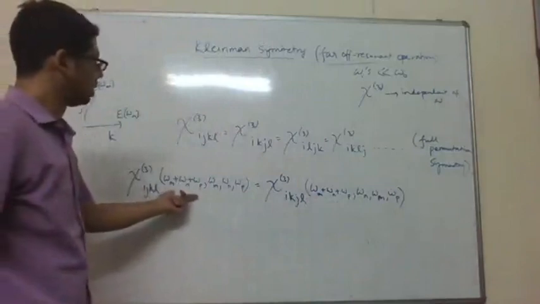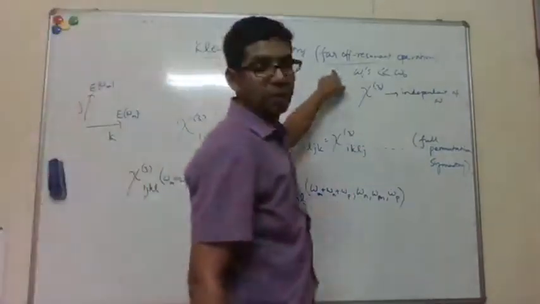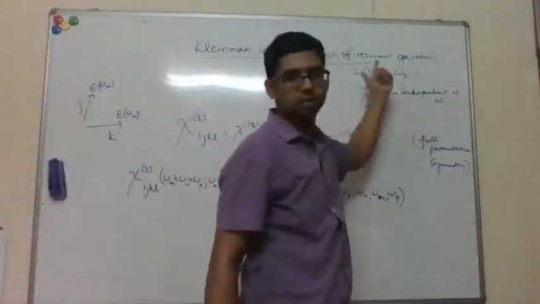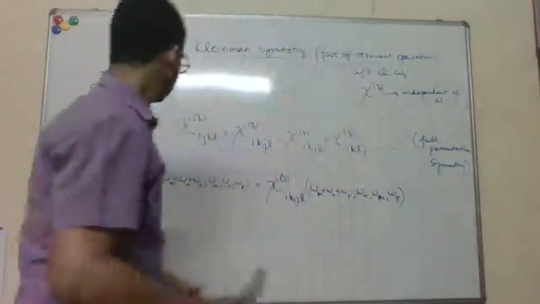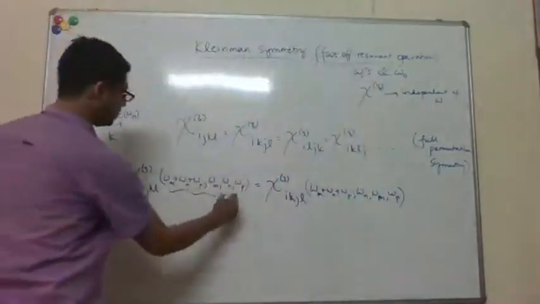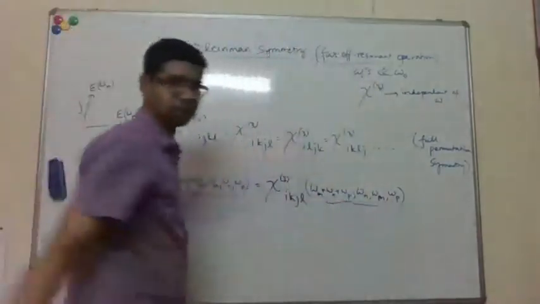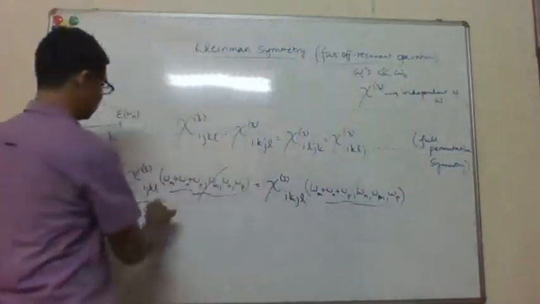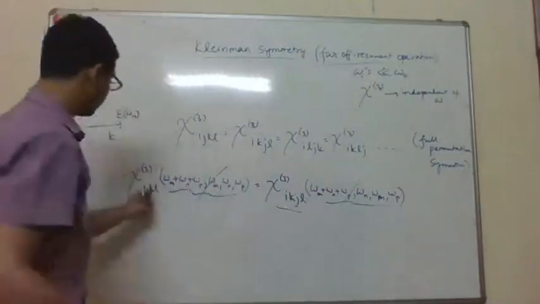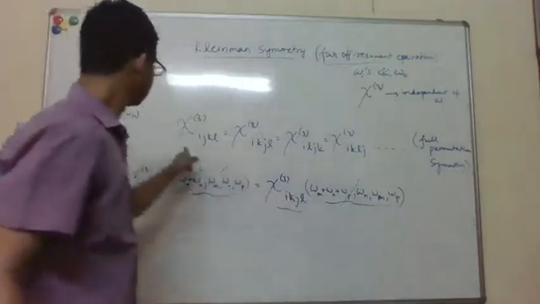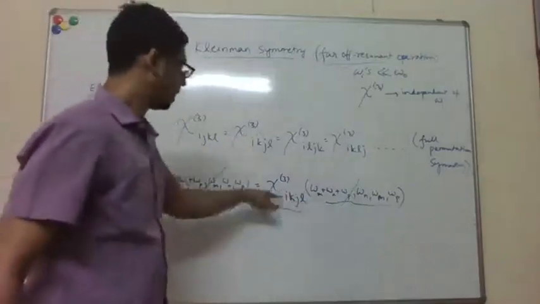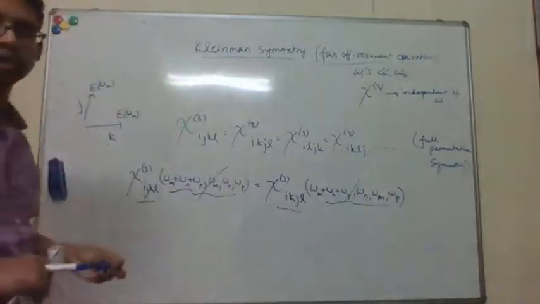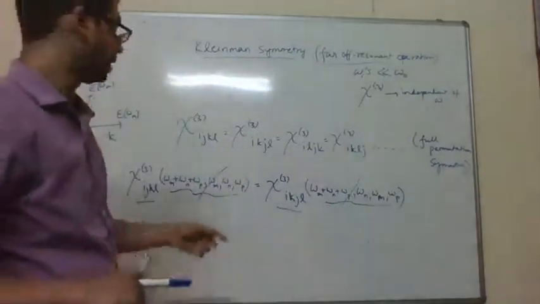and if you now go to far off resonant operation, that means the frequencies actually don't matter at all, right? Which means whatever is inside the bracket doesn't matter, right? So I can get rid of this. I can just say, okay, if I permute the indices, the chi3 values are equal. Okay, I hope that's clear.